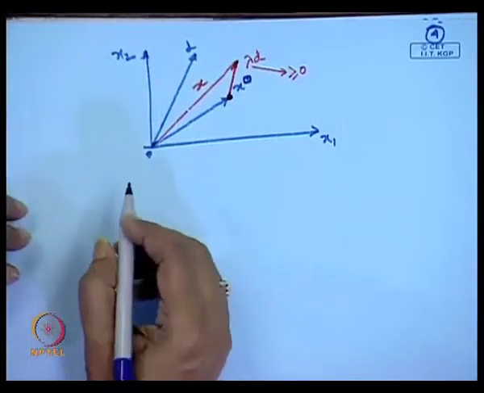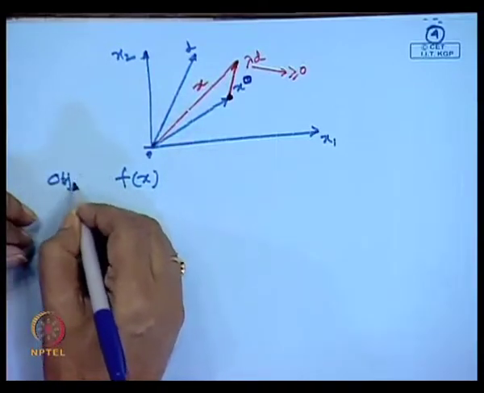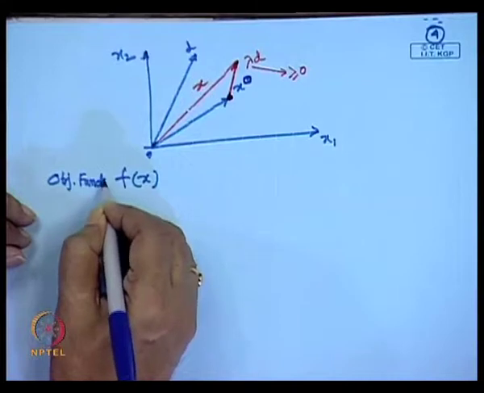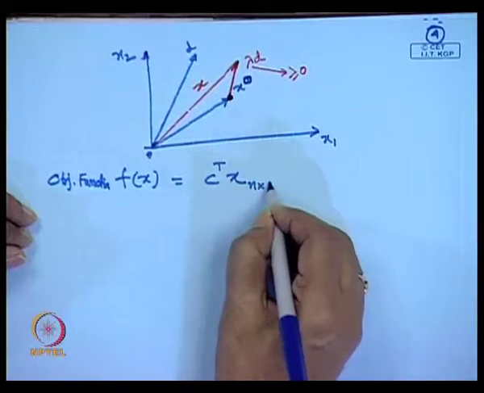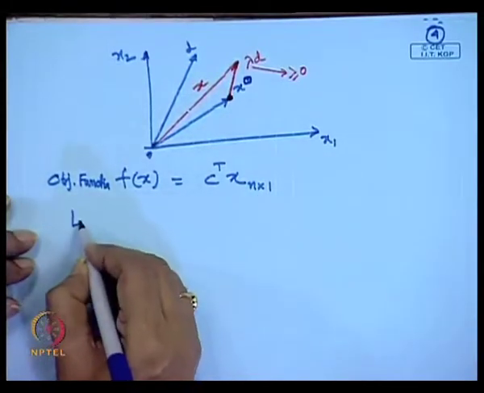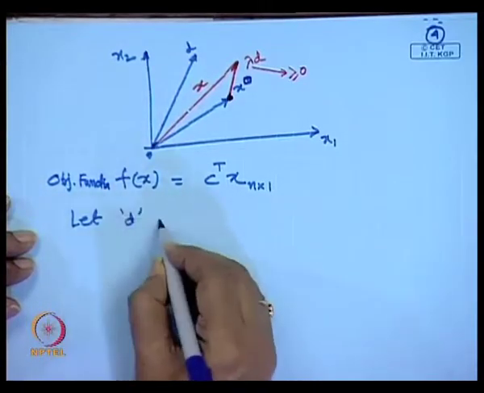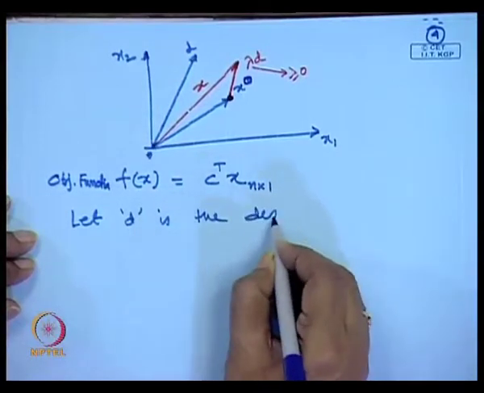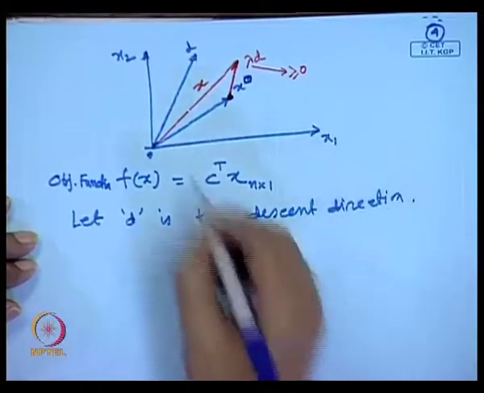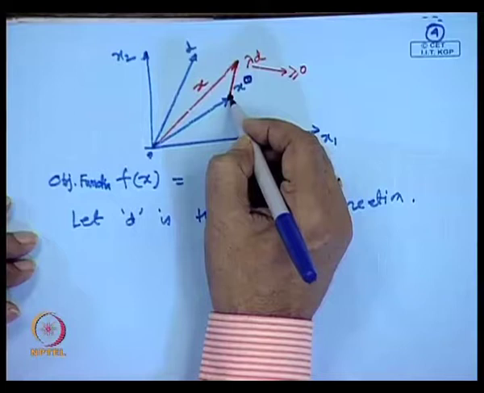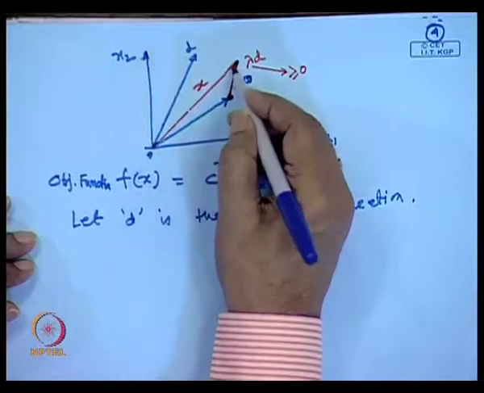Now, see this one. Our objective function f of x is equal to C transpose of x, and let d be our descent direction. If you move from the initial position in this direction, then our vector x is here.